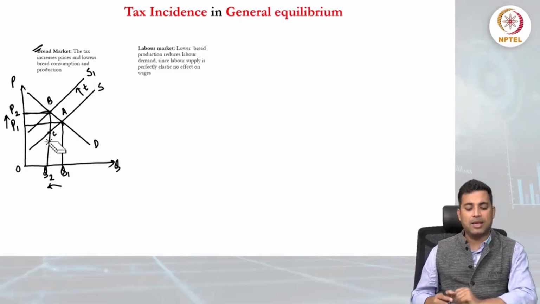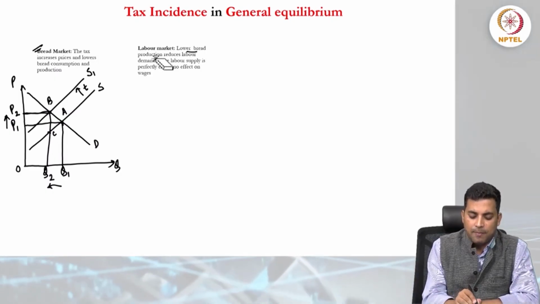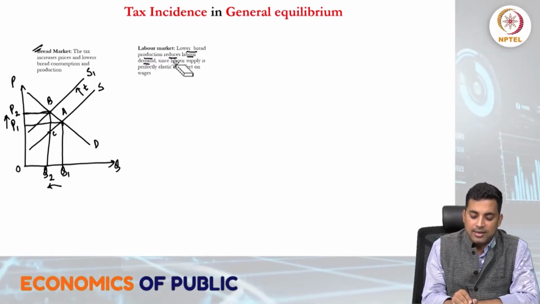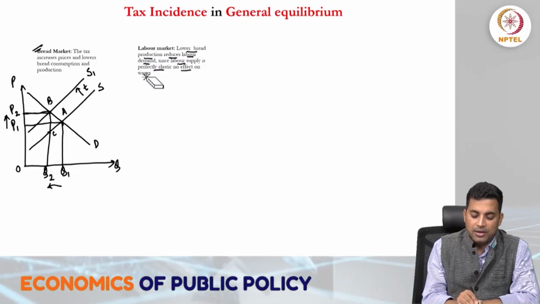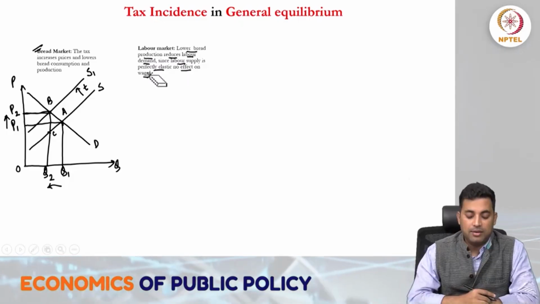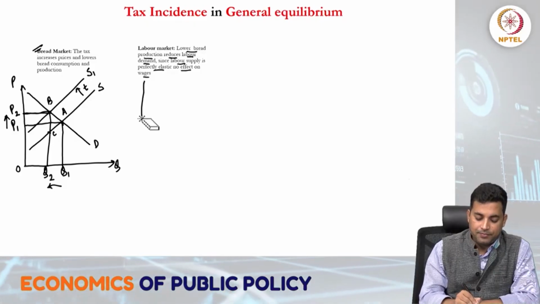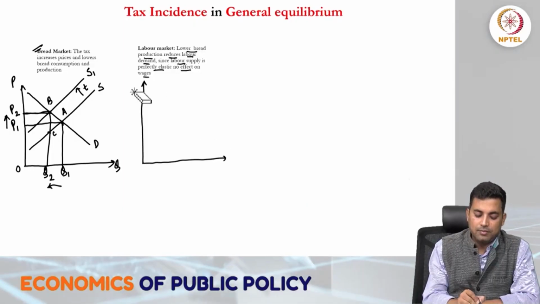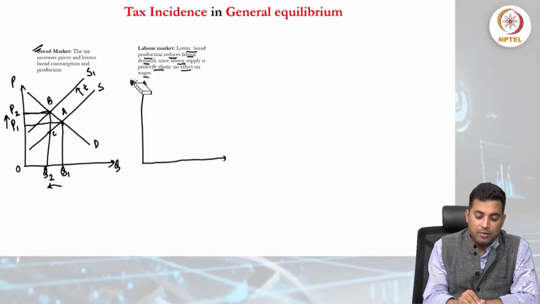So what happens in the labor market? Let us see. Lower bread production reduces labor demand, and since labor supply is perfectly elastic, there is no effect on the wages, right? So let us see this. Here the price of labor is the wage.